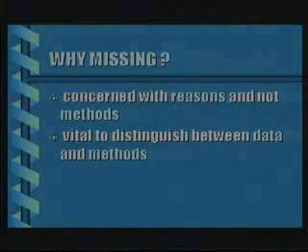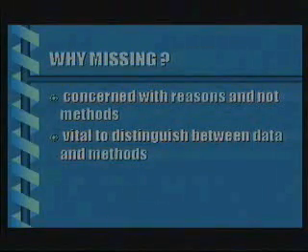What is important is the information which goes through, and it is vital to distinguish between data and between methods, because what happens most times is system investigators get bogged down by the methods or by the procedures which the user is following. That is more so because even the user is more comfortable with procedures rather than with the information flow.